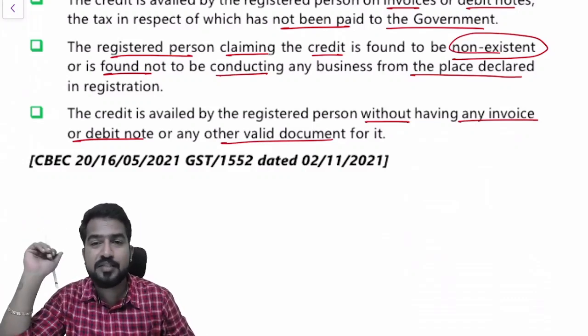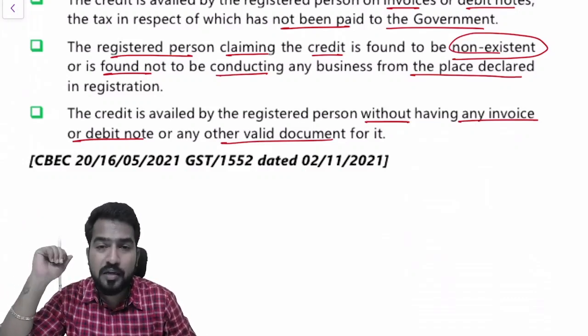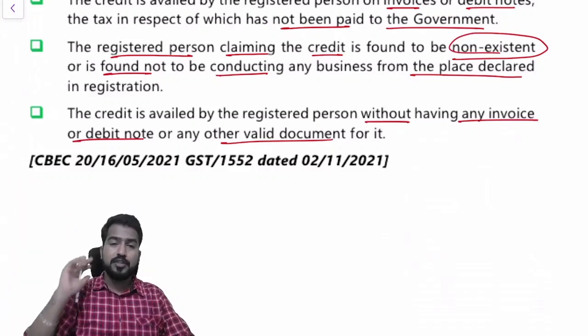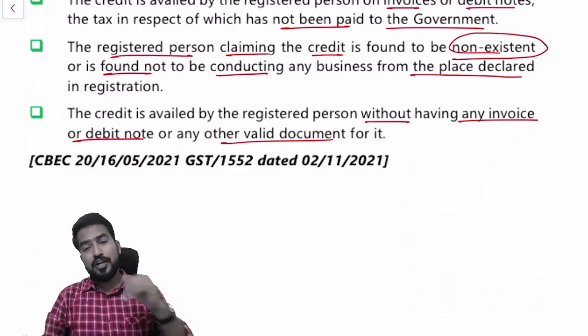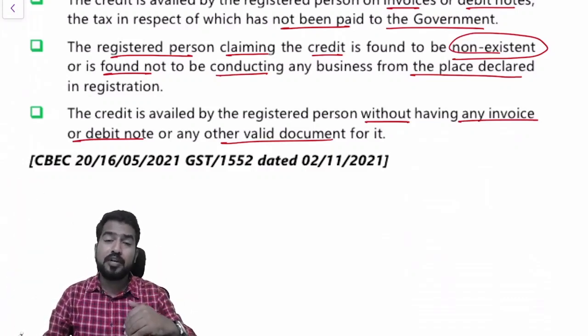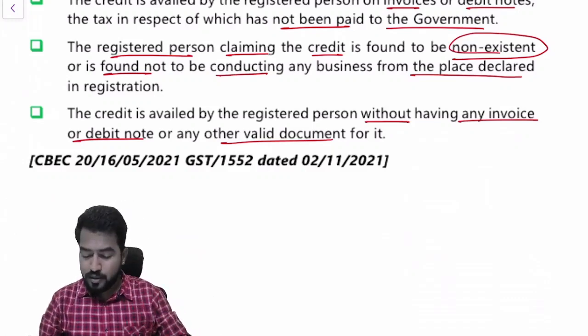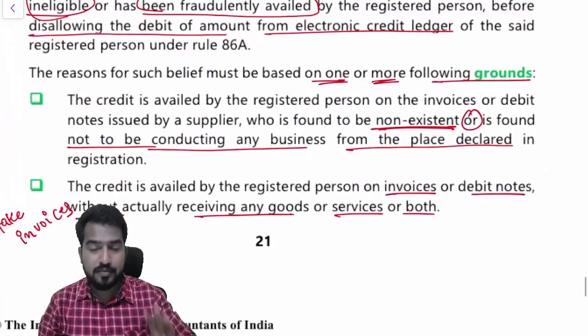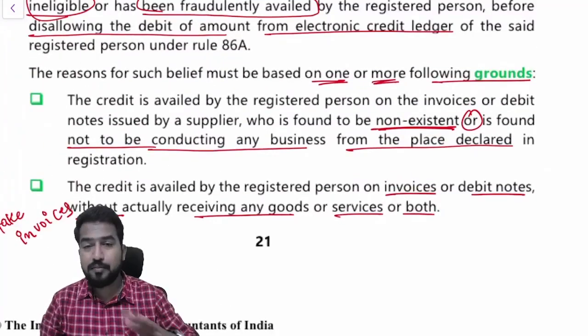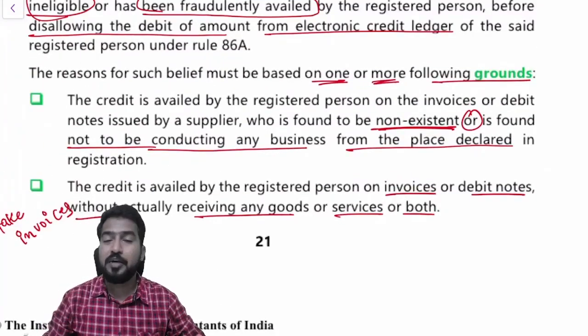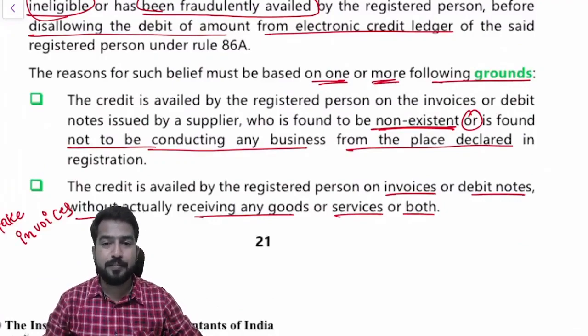Clear? So these are the grounds based on which the commissioner or any authorized officer, not below the rank of assistant commissioner, can disallow the credit to any registered person. Okay? This is the last amendment from this chapter, payment of tax.